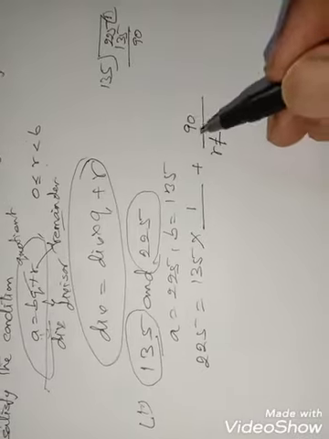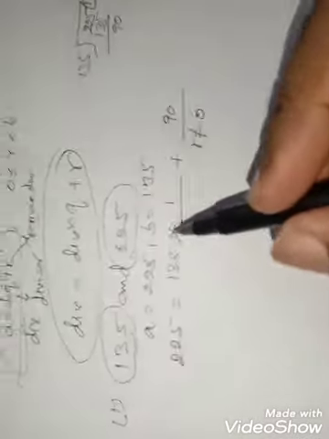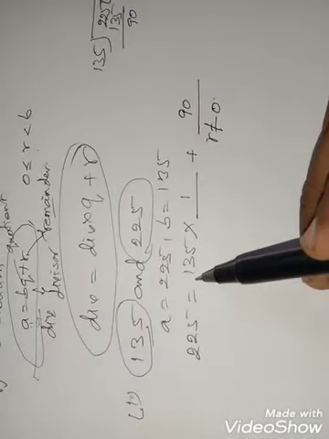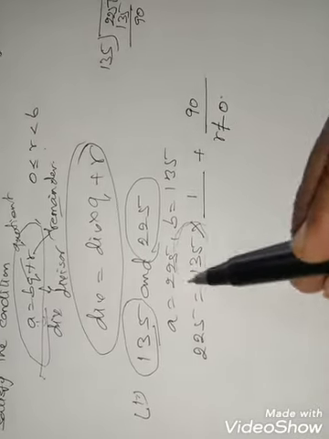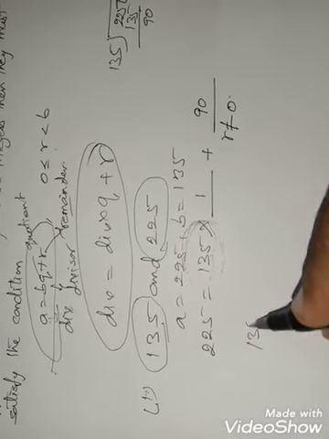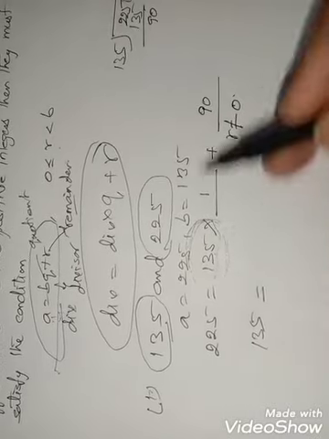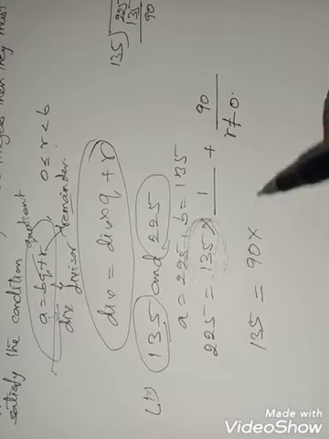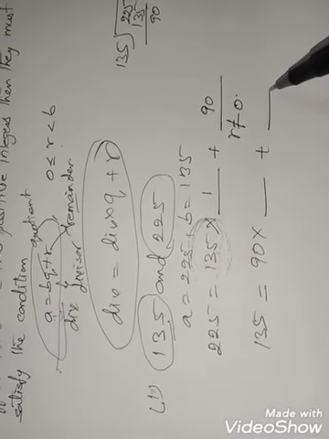Then the process continues. Whatever value is given as b will come as a, so 135 is equal to 90 into, again we don't know the quotient and remainder.